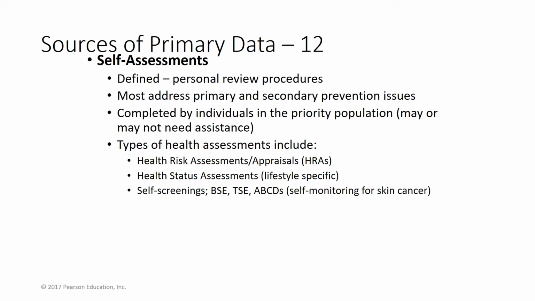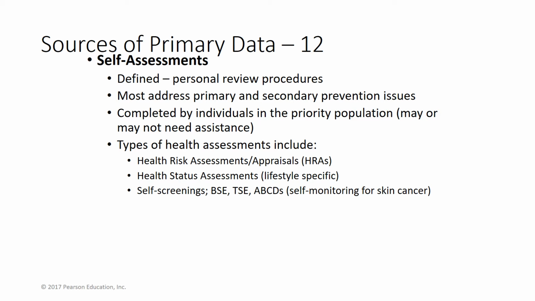If they don't have the condition, there's no behavior change, and it's primary. If there is a behavior change required and the health condition exists, maybe on a physiological level, maybe the person is experiencing symptoms but has not received an official clinical diagnosis, that would be secondary prevention. With tertiary, yes, there's a behavior change required, and the health condition has been clinically diagnosed. They have been diagnosed with a condition. Those individuals would be in tertiary prevention.